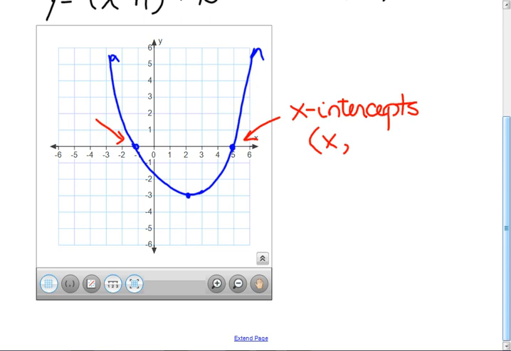You got to do a little thinking, you guys. It's 0. Okay? They're always in ordered pair form. Thomas, what's this one? What's the x value here? 5. What's the y value? 0. Zach, what's the other one?